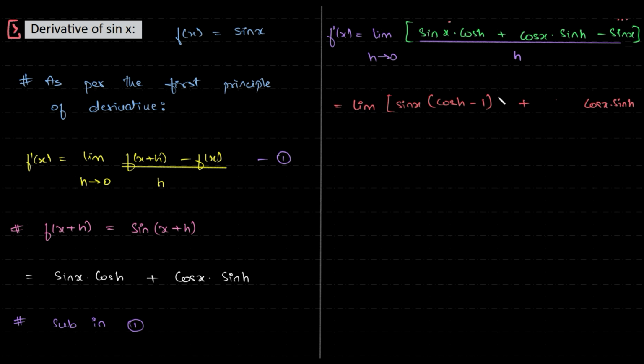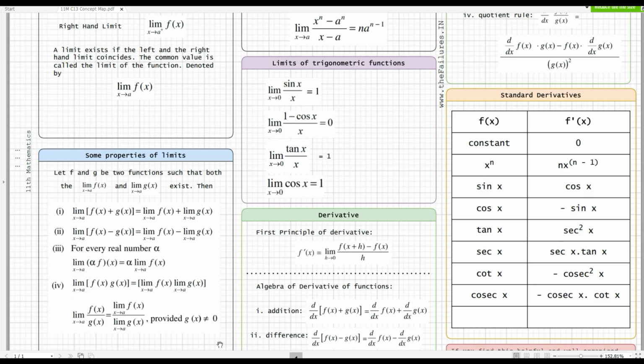Now what I am going to do here is use the limit property, that I can apply the limit to individual functions when we have addition or subtraction as an operation between them. Right? We can do this.